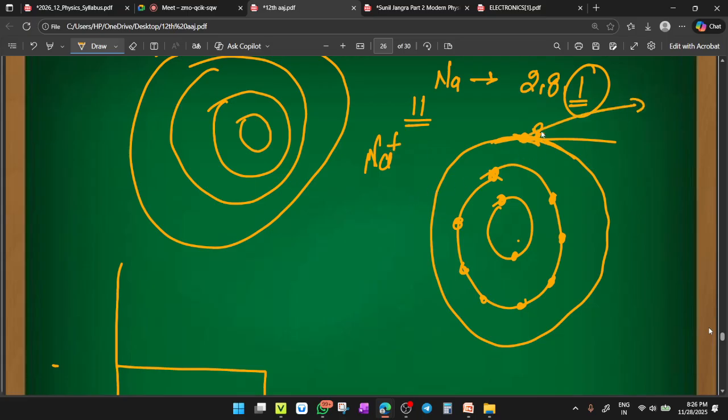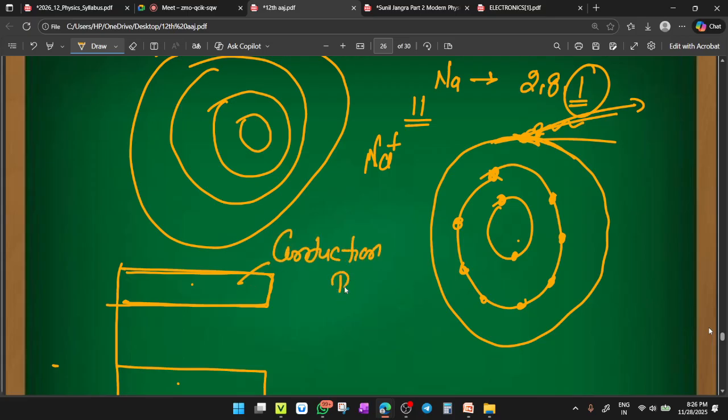After losing it, the electron has higher energy, so it switches from the lower energy band to a higher energy band. The upper energy band is called the conduction band.